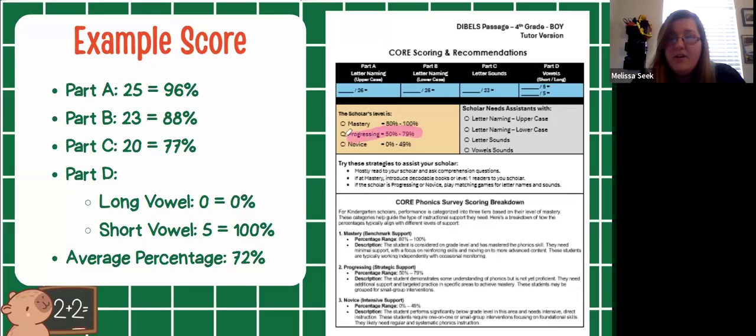You would just come over here, dot it, circle it, highlight it, whatever. That means this scholar may not know all of their alphabet, but they seem to have a good enough handle that they're building up those skills. So based on this, what are some things you think we could do with our scholars before we start reading to help push them up to mastery?